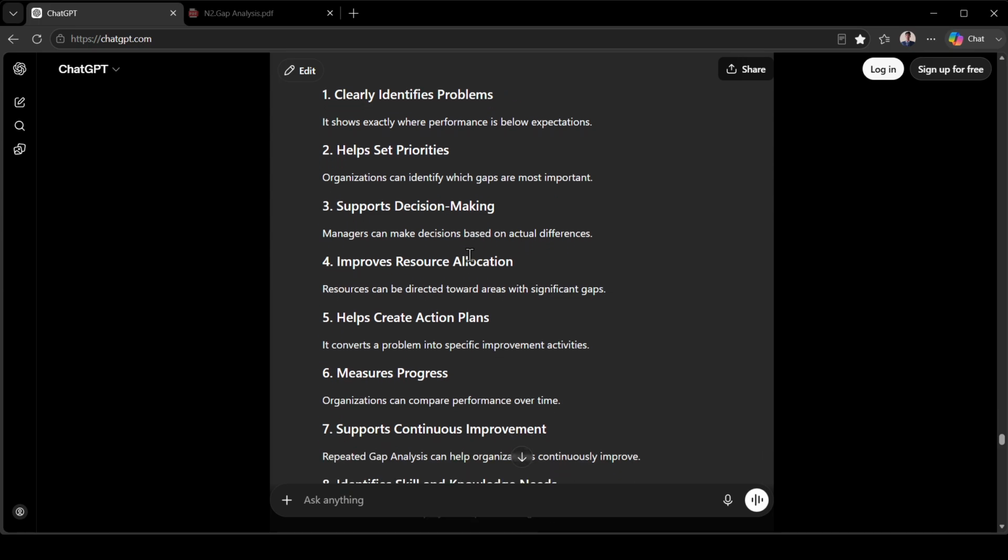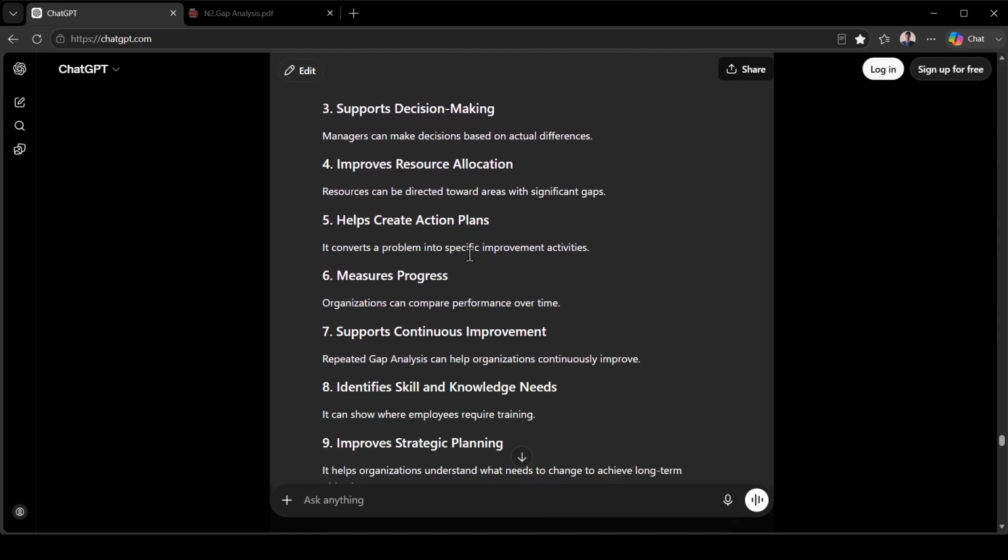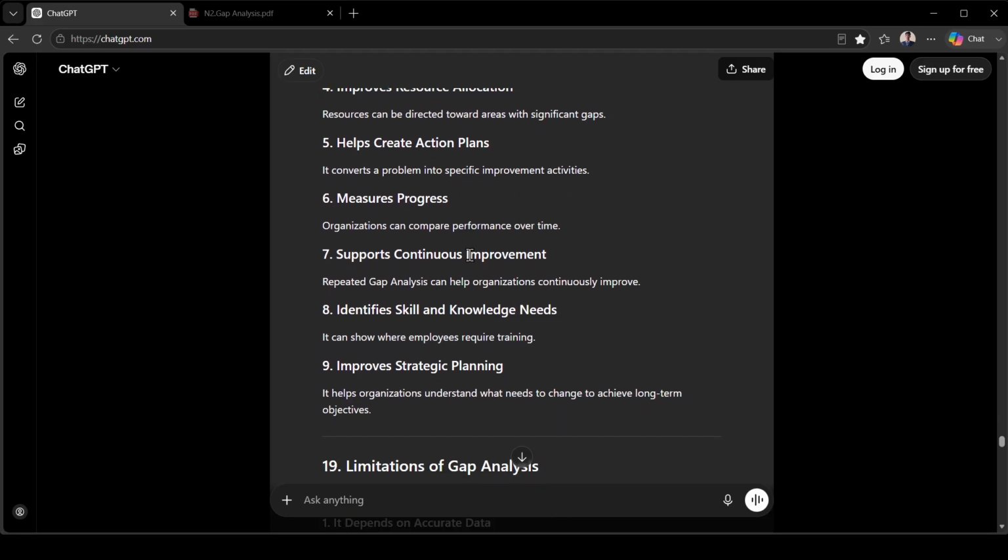Measures progress: organizations can compare performance over time. Supports continuous improvement: repeated gap analysis helps organizations continuously improve. Identifies skill and knowledge needs: it can show where employees require training. Improves strategic planning: it helps organizations understand what needs to change to achieve long-term objectives.